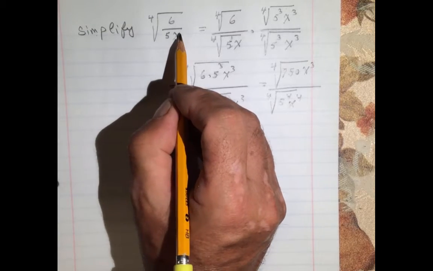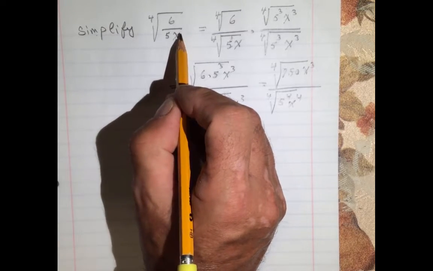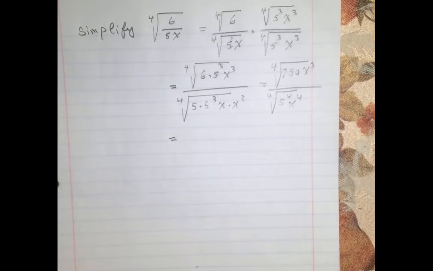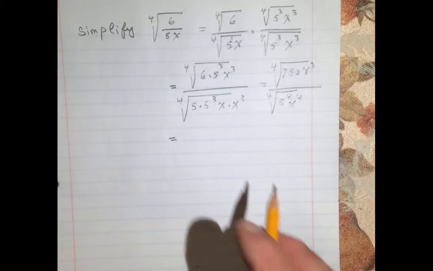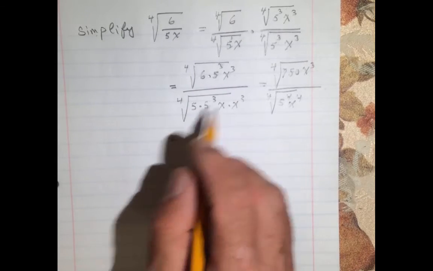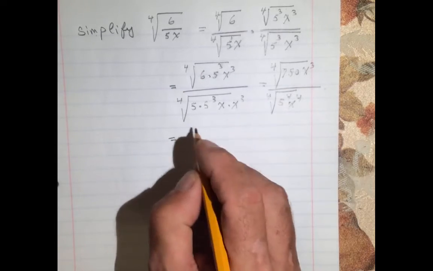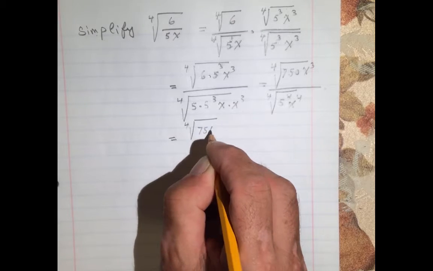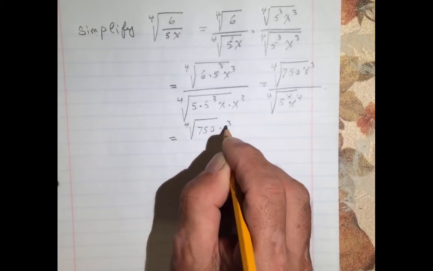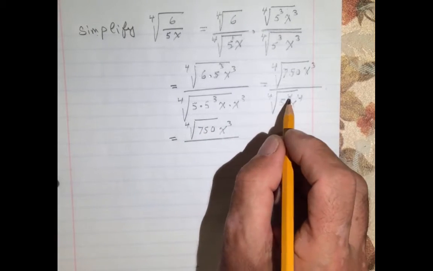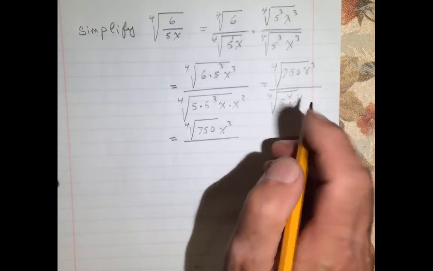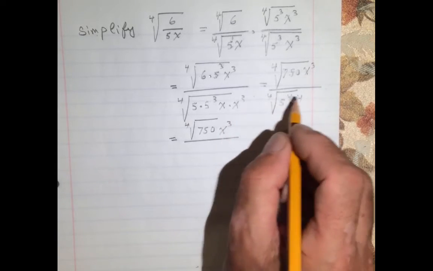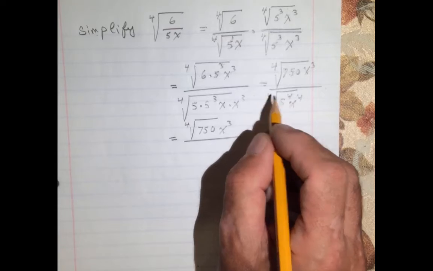Now originally the x has odd exponents, so we know that we are not going to need absolute value for the x at all on this problem. So the numerator is going to stay as it is, the 4th root of 750 x power 3, over, you separate them and divide each power by the index.